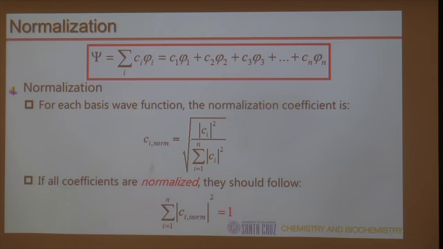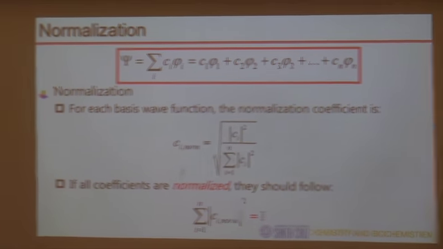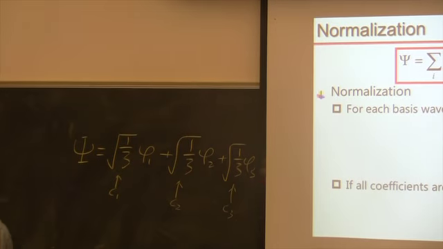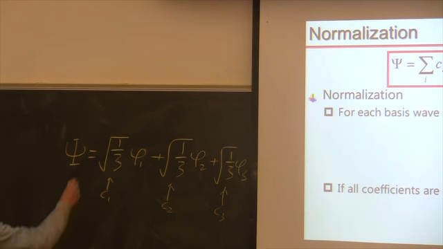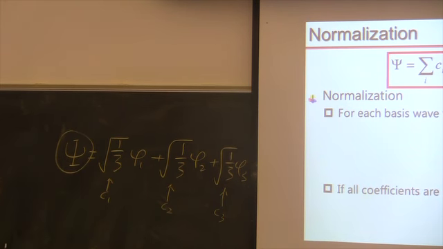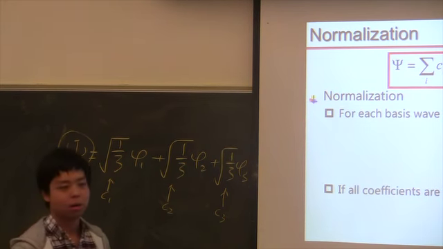Something like that. So this is C1, this is C2, this is C3, and you can check that C1 squared plus C2 squared plus C3 squared gives you 1. Once they give you 1, we say this total wave function is normalized.